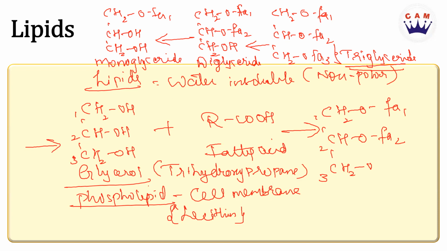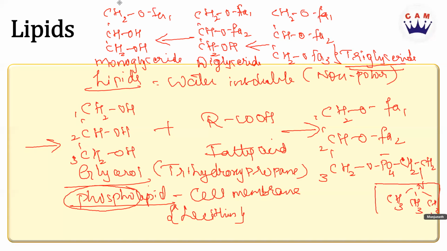But in phospholipid, the 2 carbon atoms are attached to fatty acid 1 and fatty acid 2, but the third carbon atom is attached to a phosphate group. Therefore, it is called as phospholipid, along with another functional group, CH2, CH2, N, CH3, CH3, CH3.